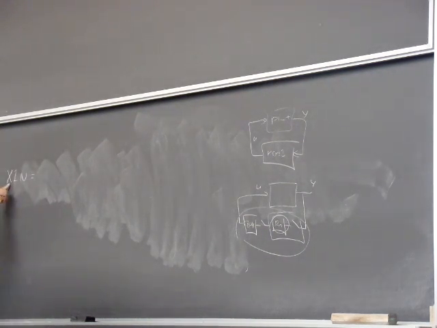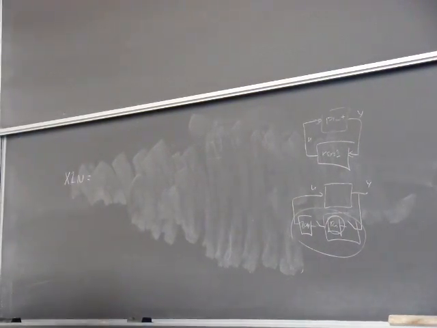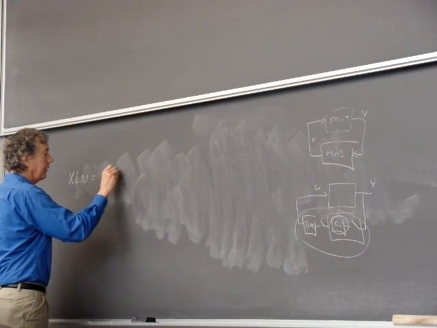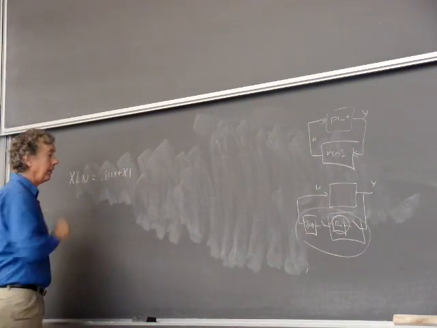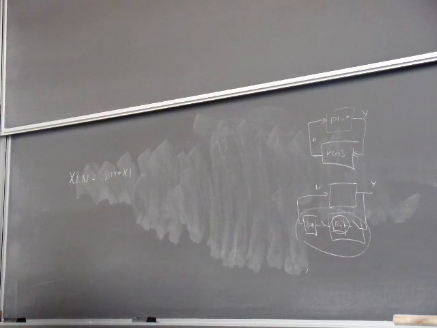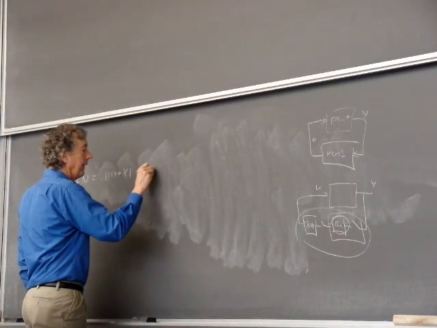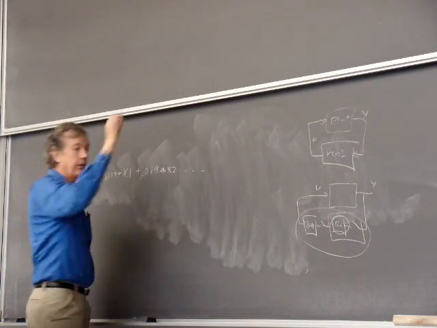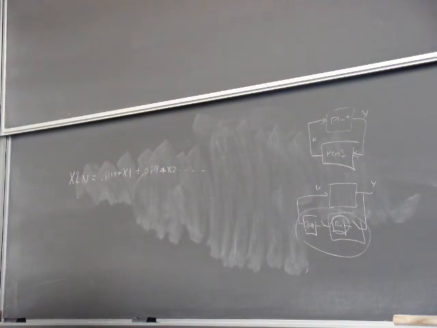This means state one's next value is equal to, what's my first, 0.814 times x1 present value plus 0.08, whatever it is, times x2, and so forth. Now do x3.